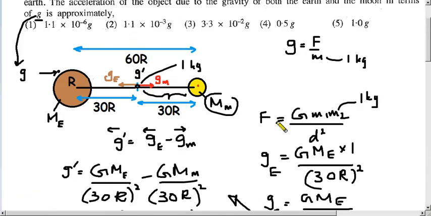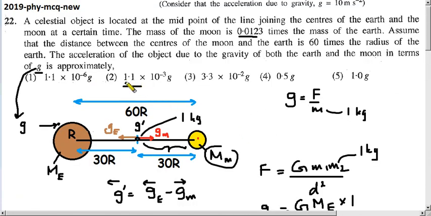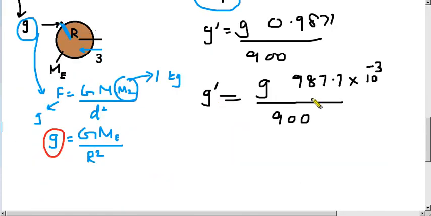Let's check the answers they have given: 1.1, 1.1, 3.3, 0.5. So these two can't be. Therefore, this must be 1.1, because this one is greater a little bit than this one.